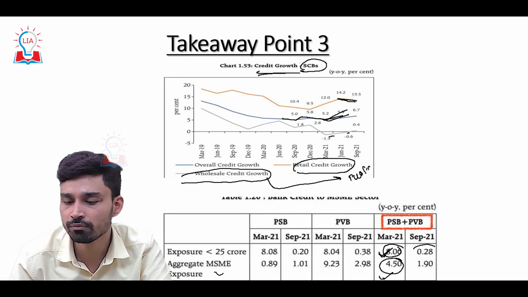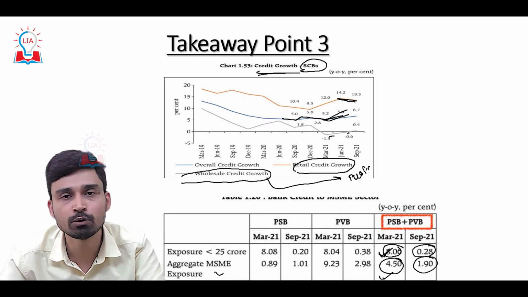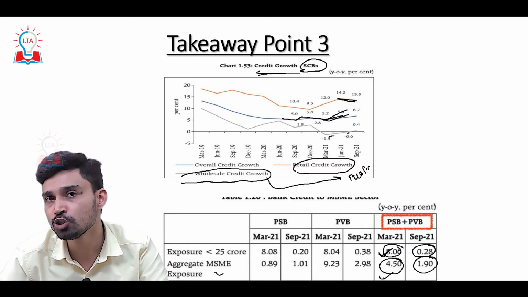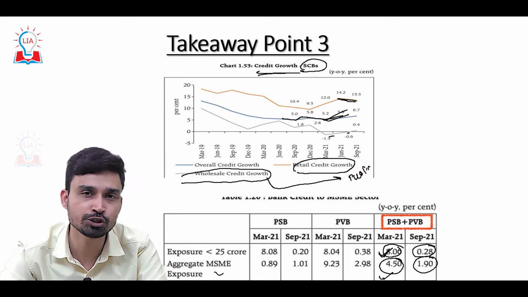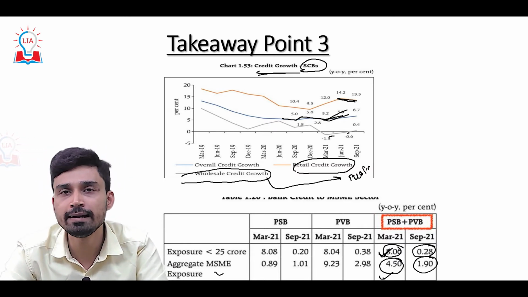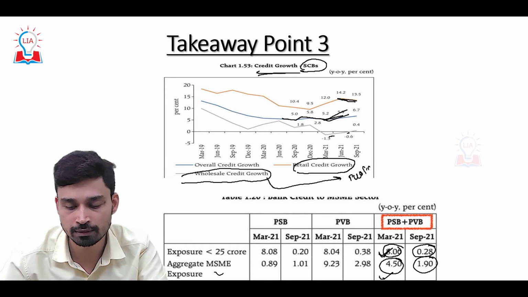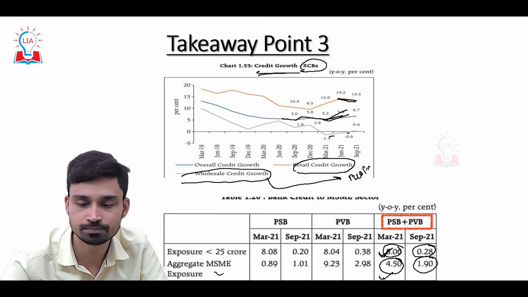However, in September 21 it declined to 0.28 and 1.90. That means financial institutions, whether banking or non-banking, are wary of lending to MSME industries, mainly because of COVID issues and the lack of understanding of how the economy will recover in the shorter term.